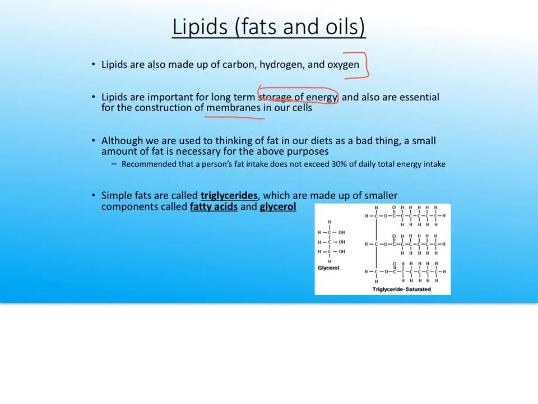And although we're kind of trained at a very young age to think about fats as being bad, right? You should have a low-fat diet and all that good stuff. While that's kind of true, you have to have fats, right? We're sort of conditioned to think of fat in our diets as a bad thing. But you have to have a small amount of fat. You need it for those membranes. You need it for other purposes as well.